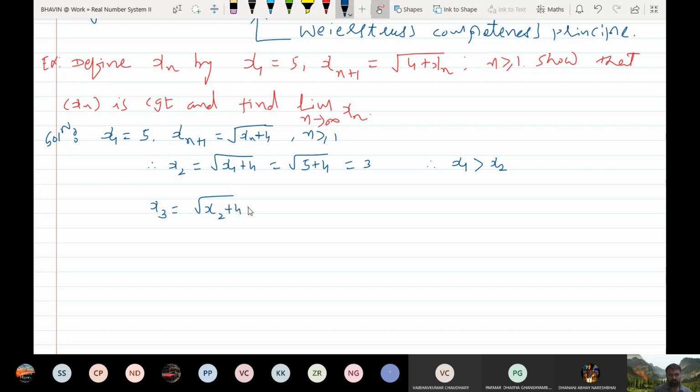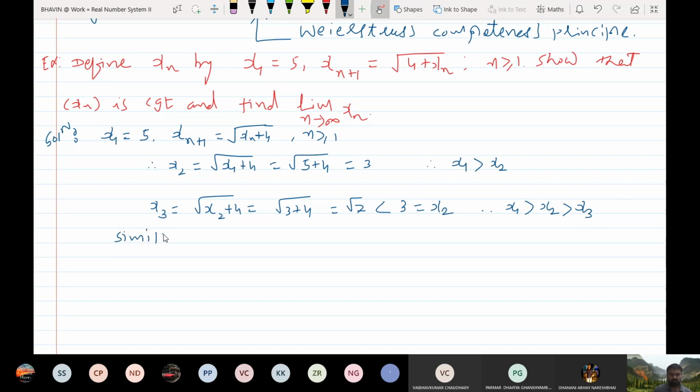So x2 plus 4, where x2 is 3. Obviously root 7 is smaller than 3, and 3 is x2. Therefore you can say that x1 is greater than x2 is greater than x3.